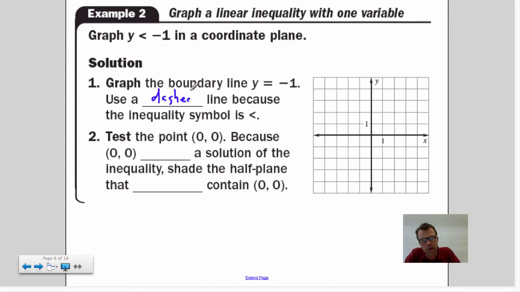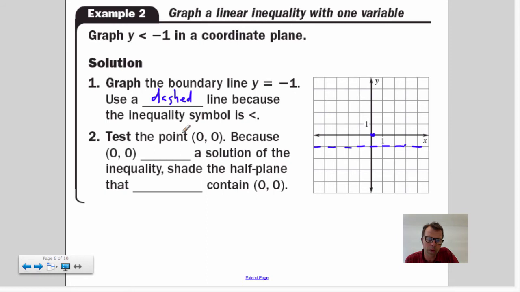And again, if this had been less than and equal to, it would have been solid. So at -1, we're going to dash a line. And the dashed line represents the fact that any point on this line would not satisfy the inequality. So we need to pick a point that's not on the boundary line, and by far the easiest point to plug in is (0, 0).